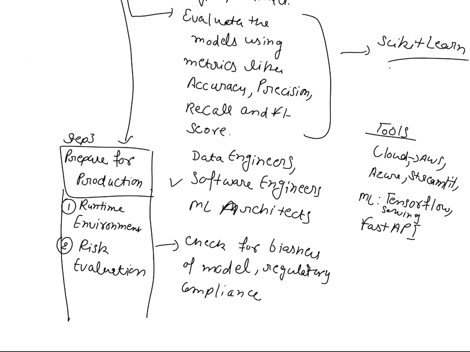If something happens at runtime, if there is some risk or something related to the biasness of the model, it is all handled under your risk evaluation. And who is going to handle it? Software engineers and machine learning architects. So this team is going to handle all these things. For example, a fraud detection model should not discriminate against users based on race, gender, or location.